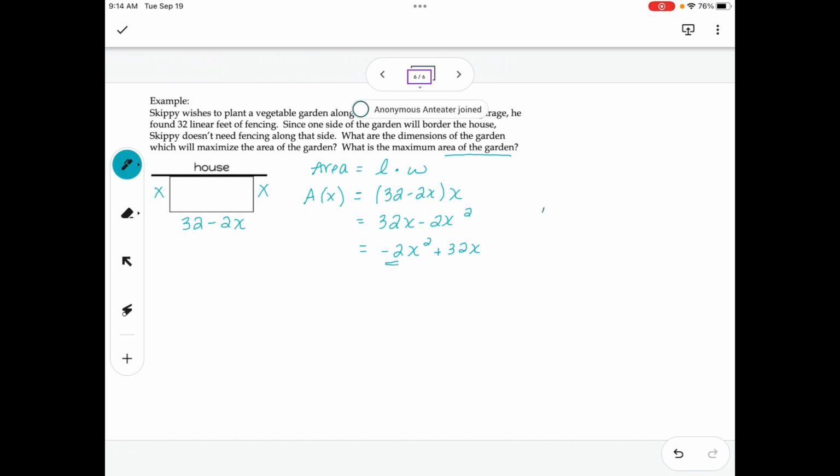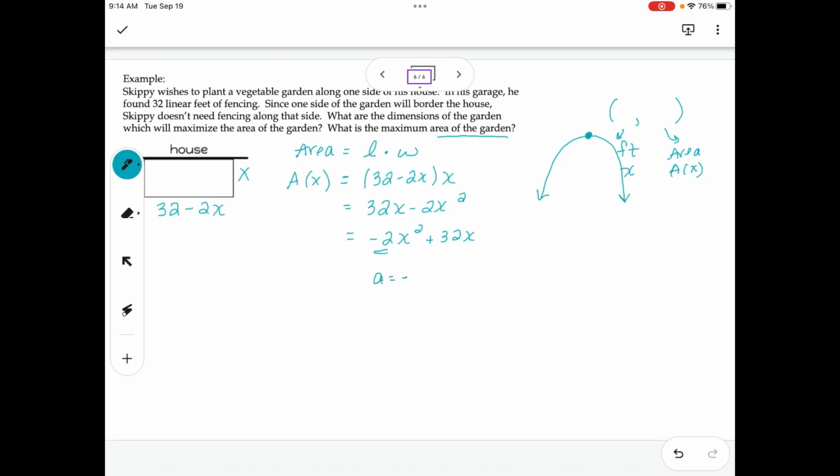Well, I've got a negative value, so I know that we're going to have a parabola like this. And if I'm looking for the maximum value, that's going to be my vertex. So my vertex, of course, our x values represent feet, and our y value represents area. So we need to find out what is the vertex.